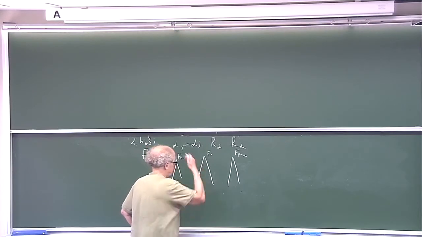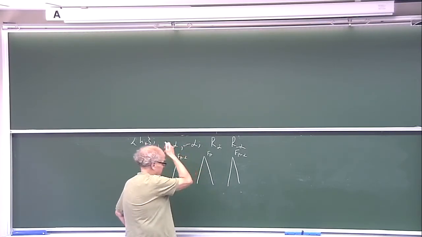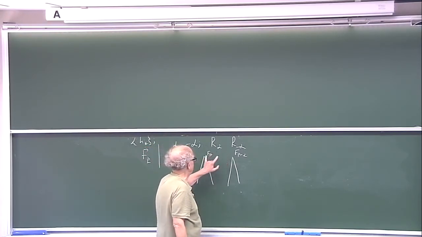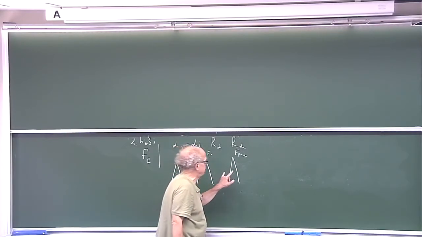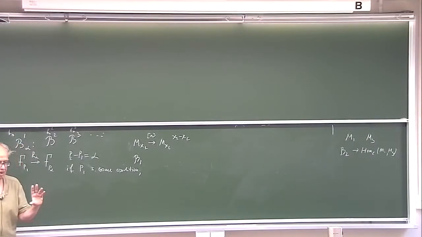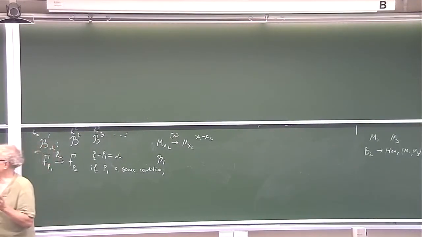Now the difference is the following: if we take only one of them, I extend the category using this. But if I play with two of them, I have more morphisms.